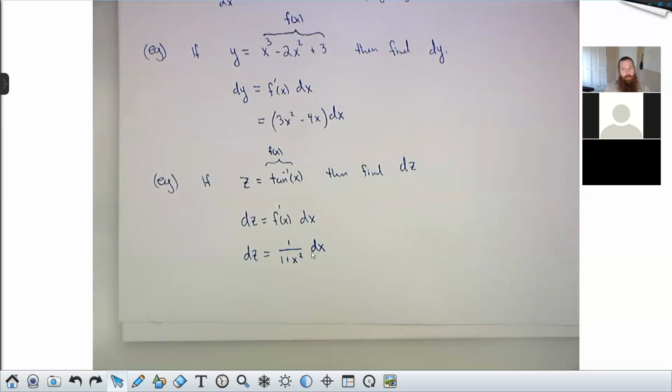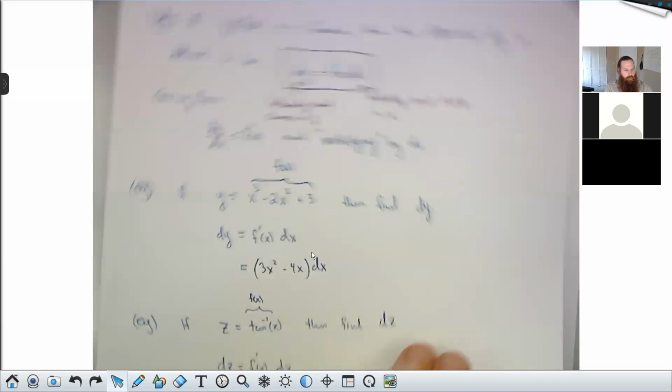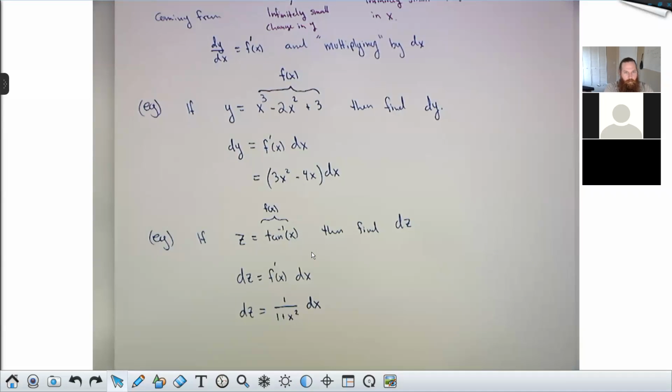They're not real numbers. They're smaller than any real numbers. The reason I'm showing you this is so we can discuss the substitution rule. I think you'll agree that the calculations here aren't hard. You just take the derivative, and then you multiply that whole thing by dx.